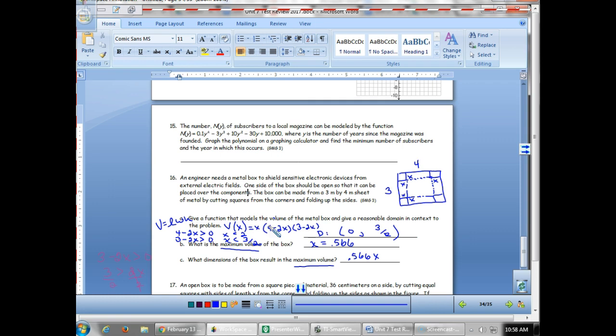So 4 minus 2 times 0.566, and that gives me what? 2.87-ish, times, and then we'll do 3 minus 2 times 0.566. So do y'all understand what I'm doing here? And then I get 1.868. And these are going to be in meters. So these are all in meters here, guys. Okay, so does that make sense for that one?